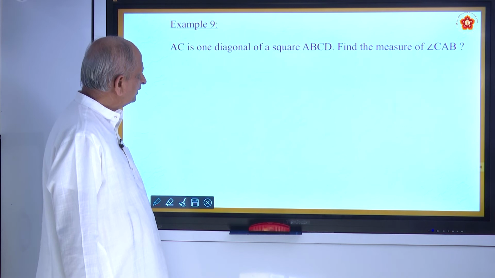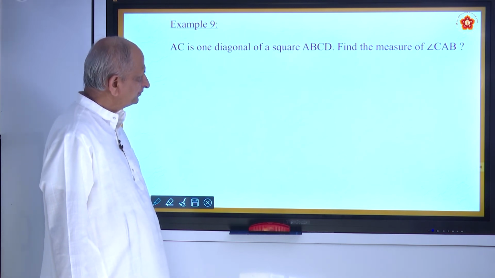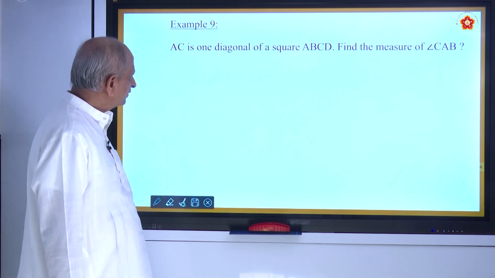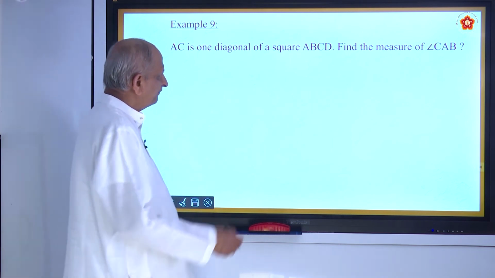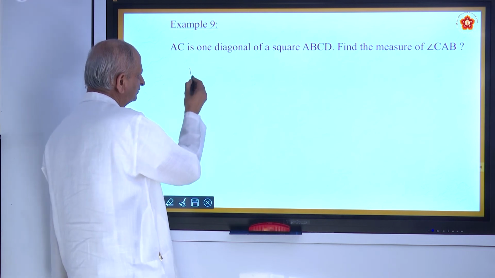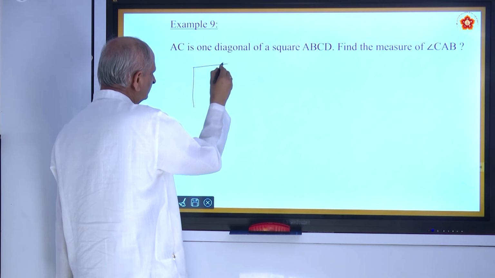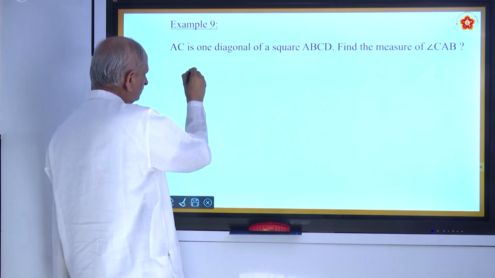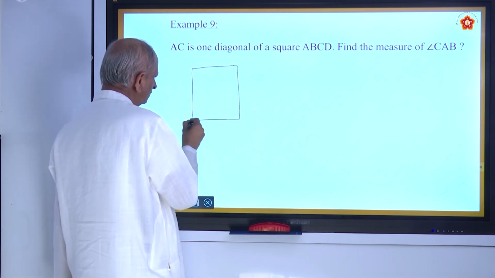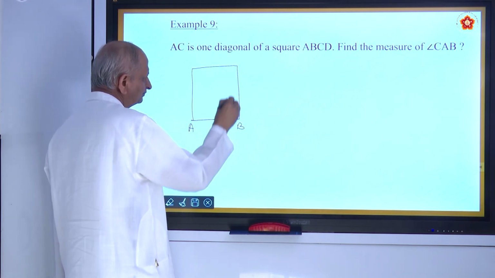So in the figure, AC is one diagonal of a square ABCD. Find the measure of CAB. So AC is one diagonal of a square. What is the property of square? In a square, all the four sides are equal. Now I am drawing a rough figure of a square ABCD.